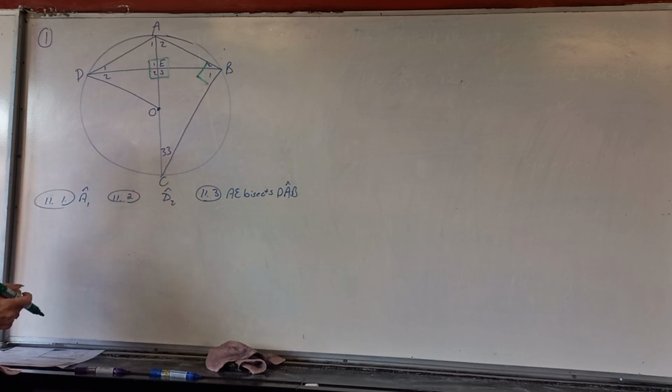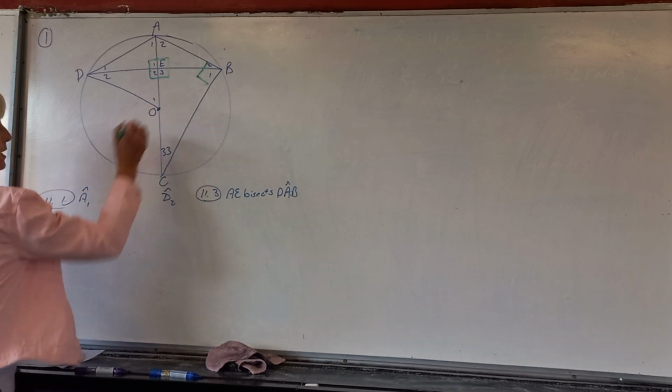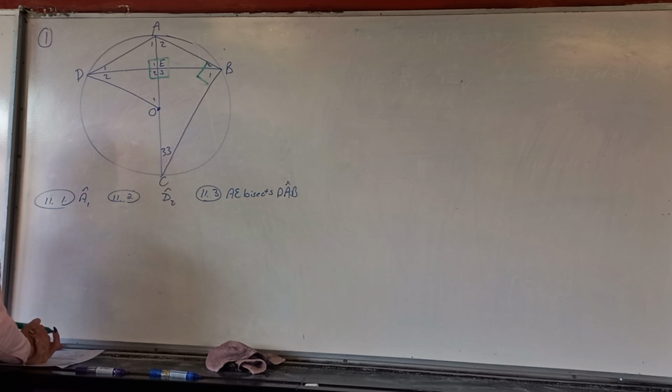Okay, second one, angle at the center twice the angle at the circumference. Is it there? Yes, where? This O, let's make it O1. It's the squished one. Where? B2.